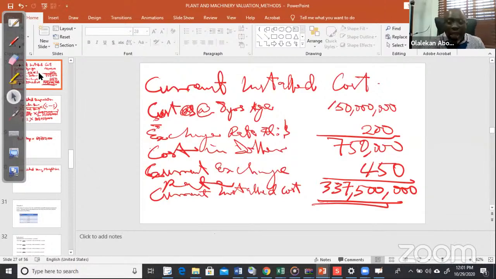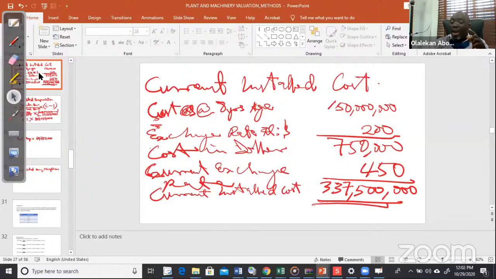We have a figure of 150 million in naira. Since we have been given a clue of exchange rate, we need to show the effect of exchange rate on that cost to determine current cost.